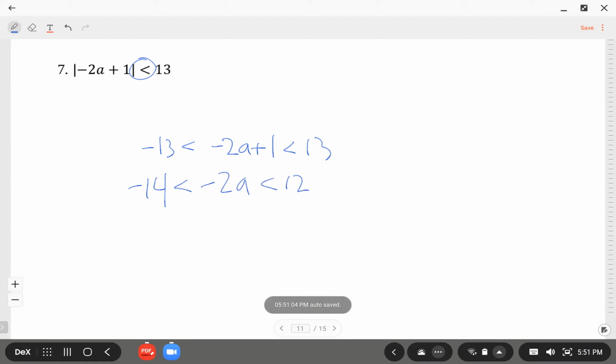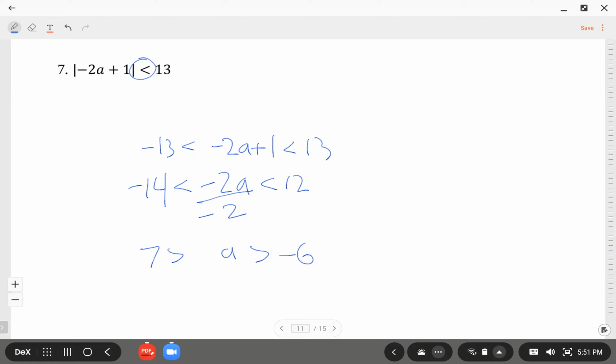Now we divide by -2. When we divide by a negative in an inequality, we have to flip the sign.